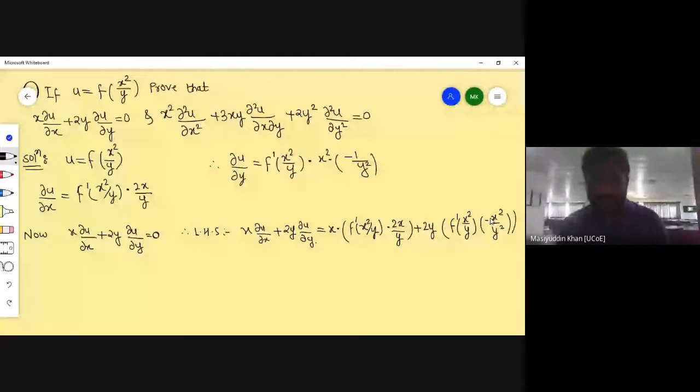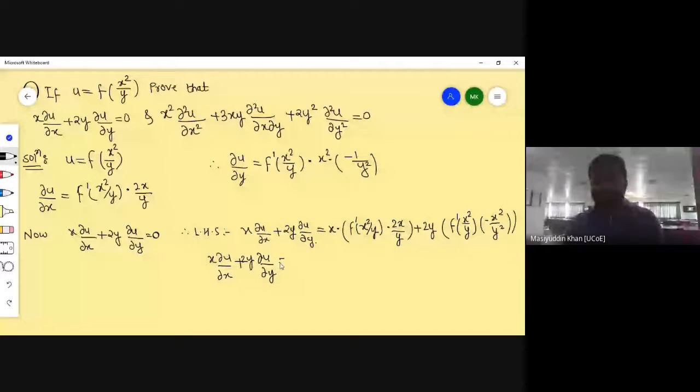So at the end, what we will get here is x into ∂u/∂x plus, sorry, 2y into ∂u/∂y equal to. So you can just observe these values.